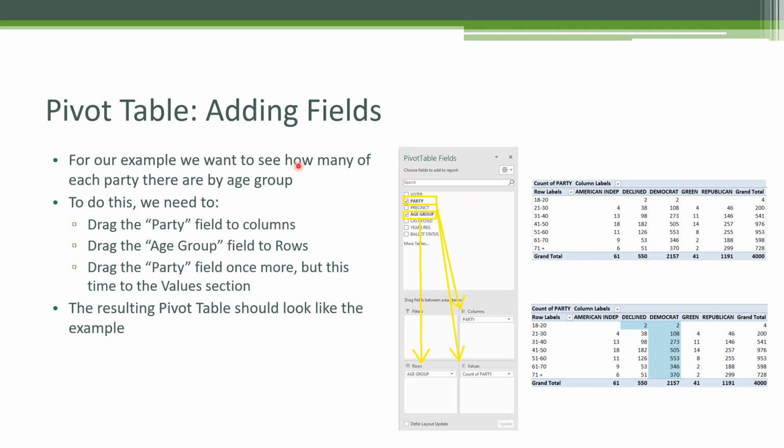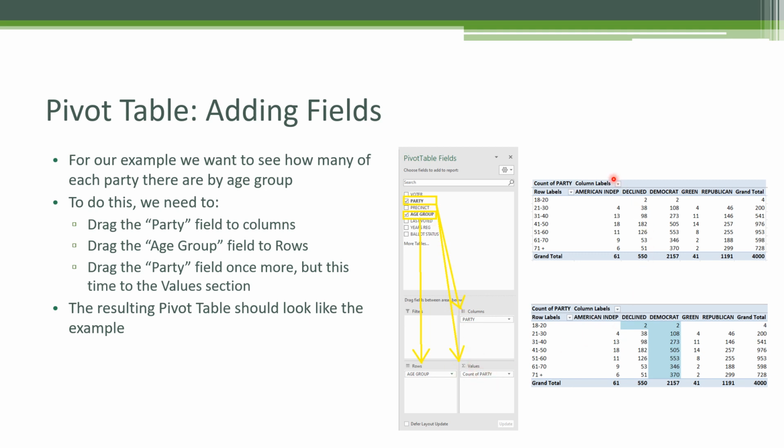For this example, we'll want to see how many of each party there are per age group. So how many Republicans, Democrats, Independents, part of the Green Party there are per age group. In order to do this, we want to drag the party heading down to columns, and then drag the age group down to rows, and then again do the party column and drag it to values.